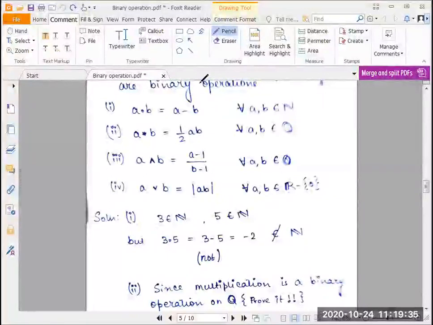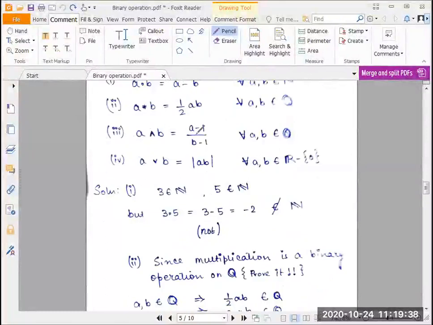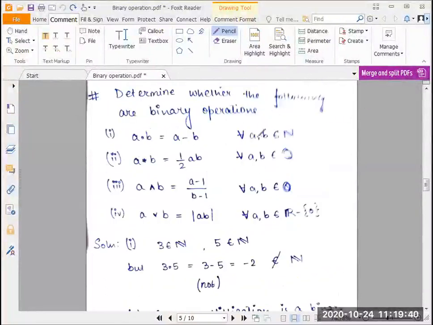Essentially, a binary operation maps elements from a set to a set. Since they have defined that the operation works on the set of natural numbers, let's say I have elements A and B in the set of natural numbers. When I operate these two elements, it maps to an element, say A dot B, which again is in the set of natural numbers.